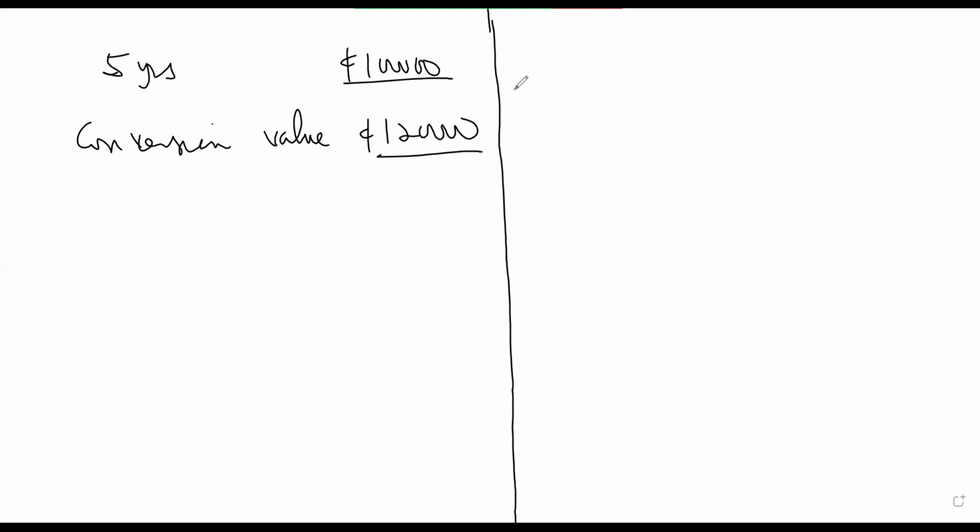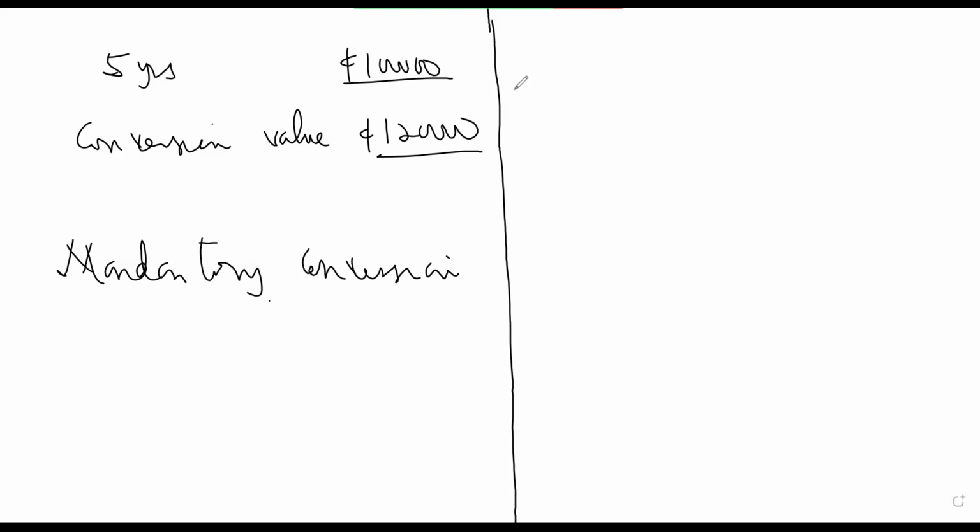Okay. So what if the question is telling you that the instrument issued is a mandatory one? The mandatory conversion, how do you account for this? Okay, accounting for this, you have to look at the characteristics of debt or equity.